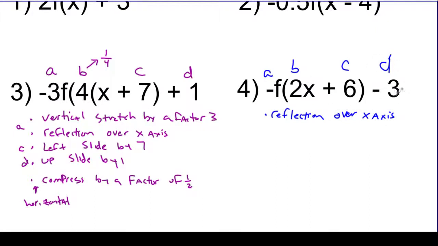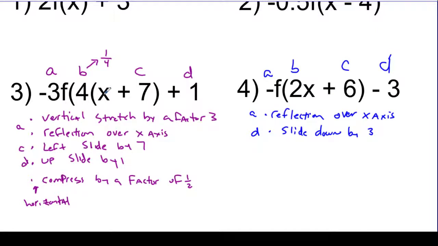I'm going to do D again. So this is my A. D, that's pretty easy. That's a slide down by 3. And now, when I talk about the inside, we have an issue. If you compare problem number 3 and problem number 4, problem number 3 is in a factored form. I factored the 4 out, and if I ask you what value is in front of x, the answer is 1.